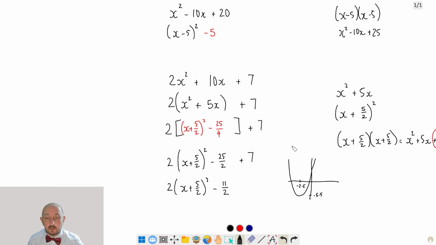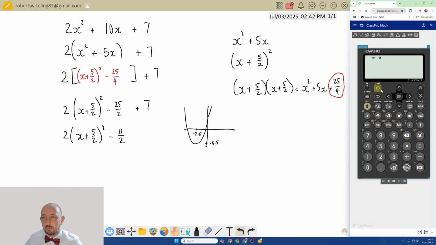Okay. Now, we can use the calculator to check this, so I'm just going to load this up quickly. Okay, so with the calculator loaded up, we're going to go to the equation function and polynomial, which is all of our quadratics, ax squared plus bx plus c. And we can put in the numbers for a, which is 2, 10 for b, and 7 for c.